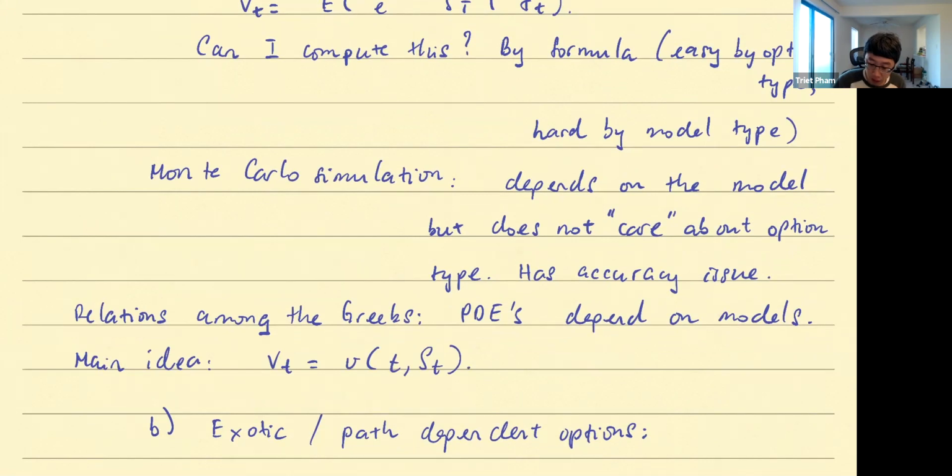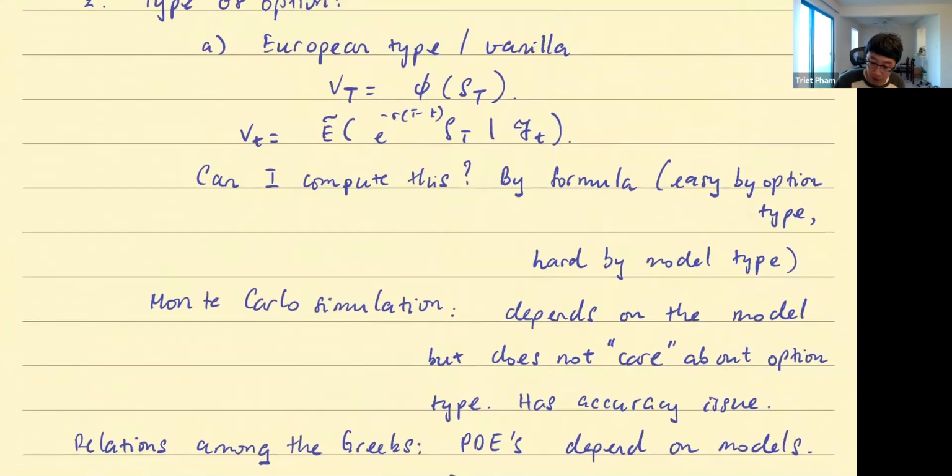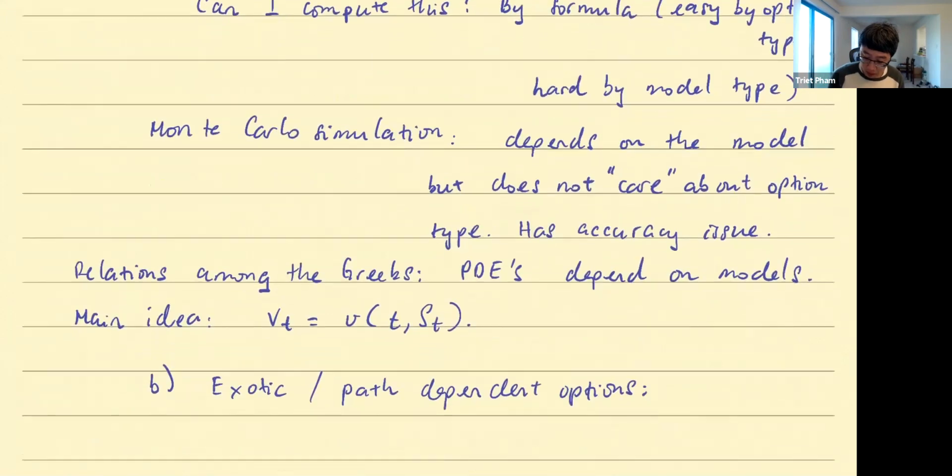If you know the stock and you know the time, you know the option price. Why? Because it's a vanilla option. There's no path dependent issue. There's no complicated way that you define the option. Therefore, abstractly, whatever model it is, the option price is a function only of time and the stock price itself.